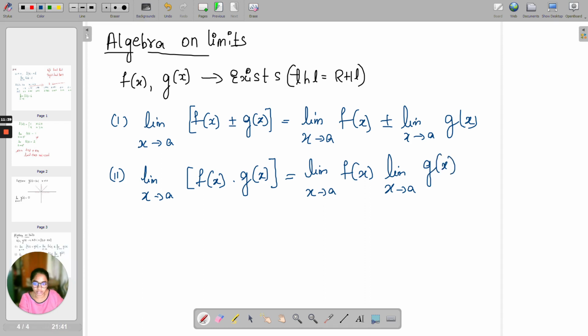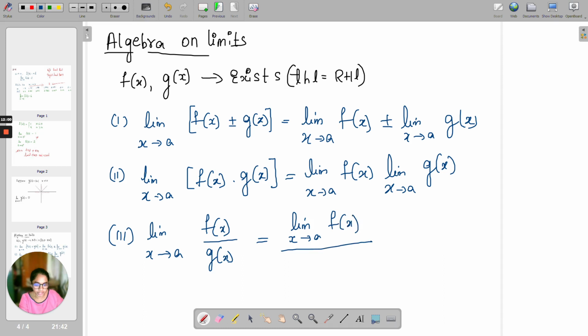The third one is division. Limit x tending to a, f of x divided by g of x is equal to limit x tending to a, f of x divided by limit x tending to a, g of x.